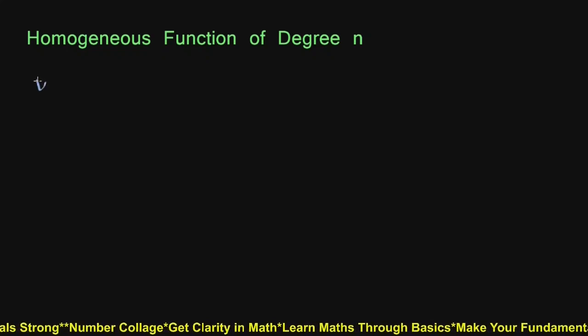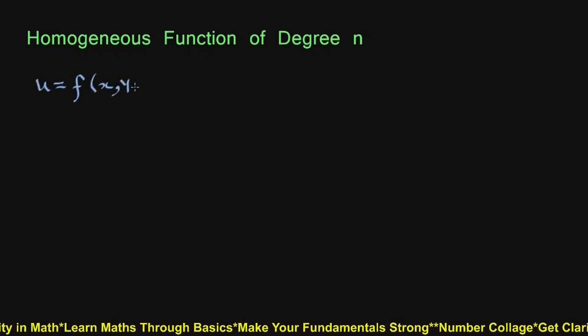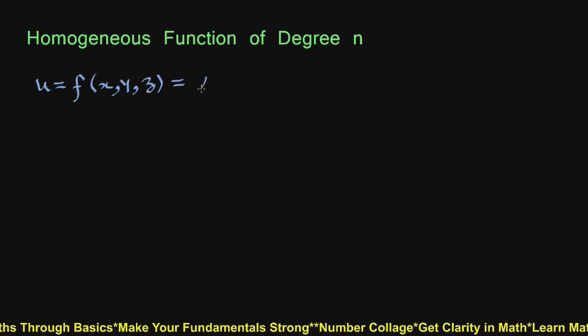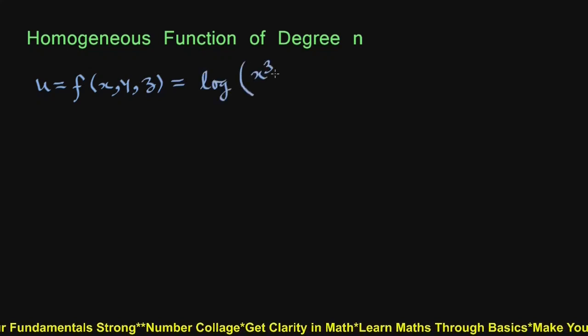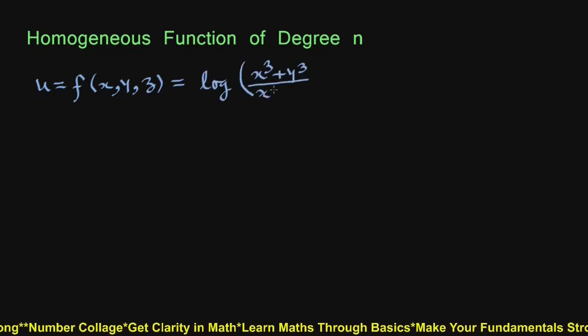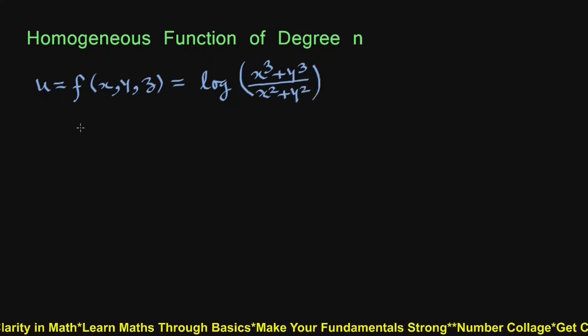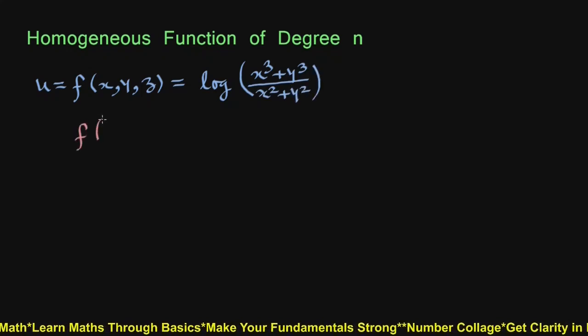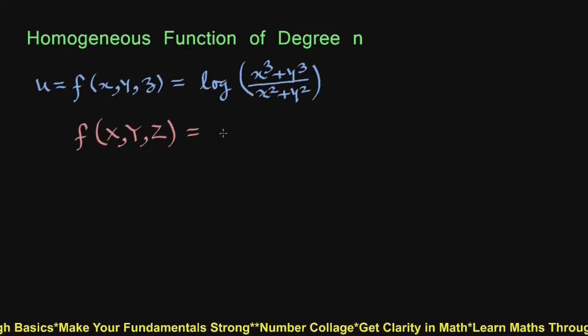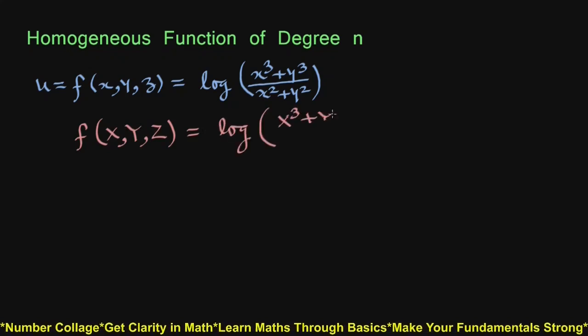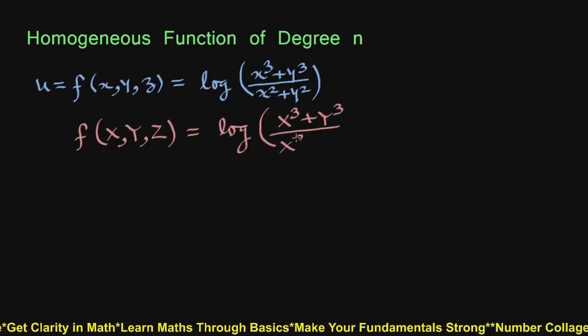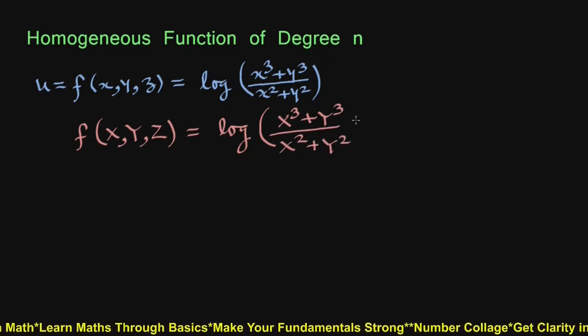Consider function u equals f of x, y, z defined as log of x cube plus y cube upon x square plus y square. In terms of capital X, Y, Z, this will be log of capital X cube plus Y cube upon capital X square plus Y square.